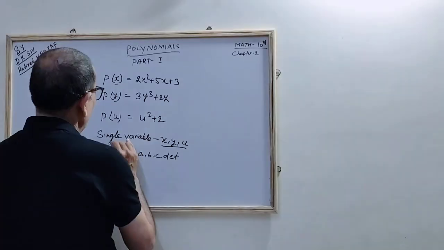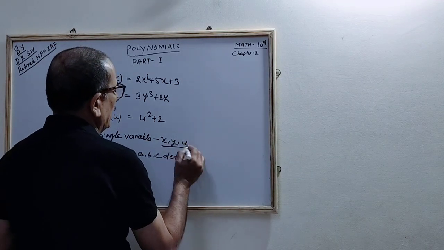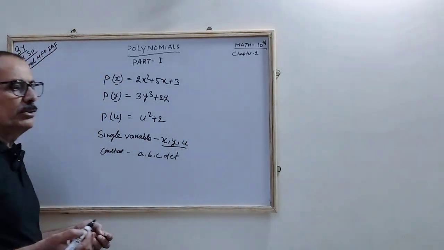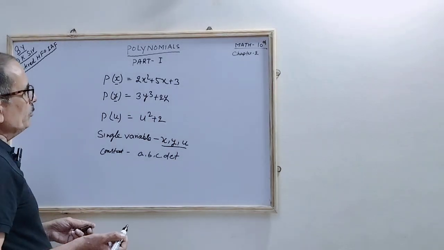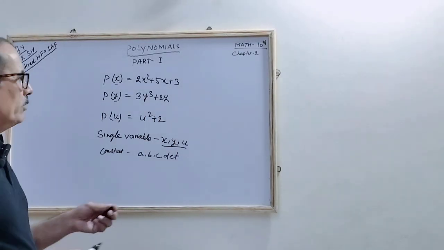So you can use the variables x, y, z. Sometimes they use t, u, v also. These are all the variables we use.